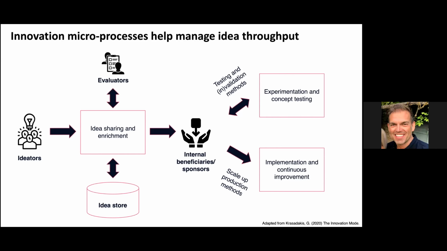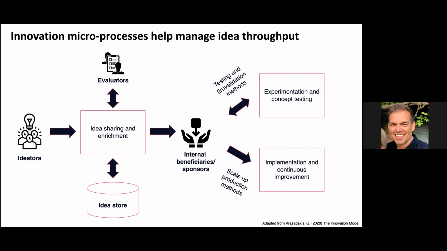Evaluators are innovation and domain experts who estimate idea potential and provide feedback. So this is a lot of what I do when I talk around challenge and rapid value creation. And ideas scored as having potential are moved through the pipeline into an opportunity or ready for development stage.